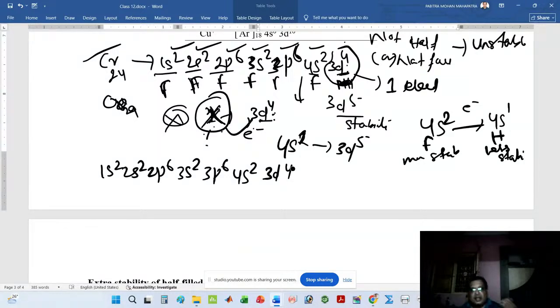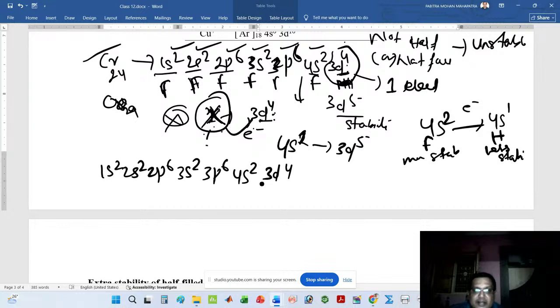No doubt, after giving one electron to 3d, its stability decreases, but it cannot be listed in the unstability list. It remains in the stability list. No doubt there is a decrease in the stability due to conversion of a fulfill to half fill, but still the orbital is stable.